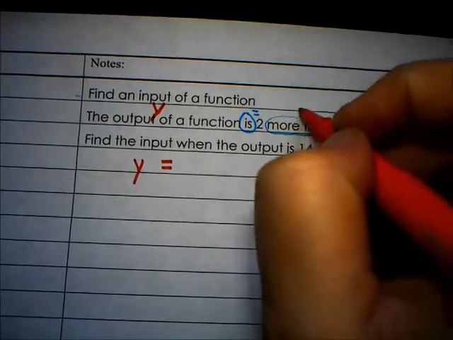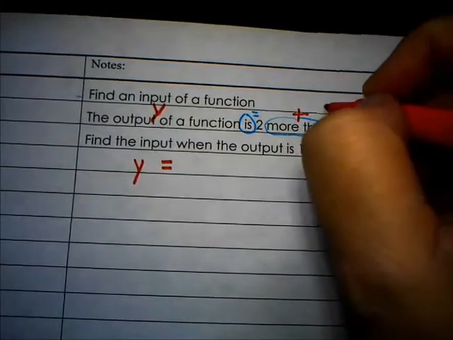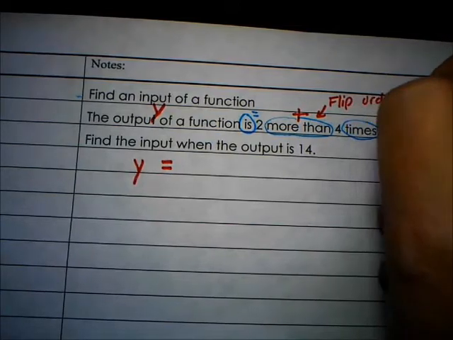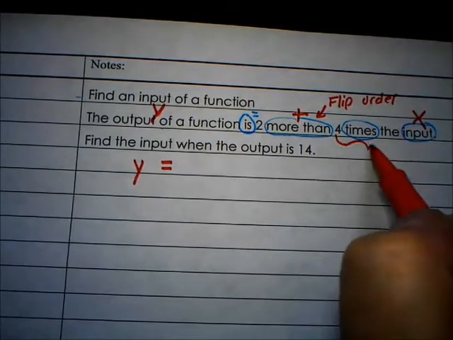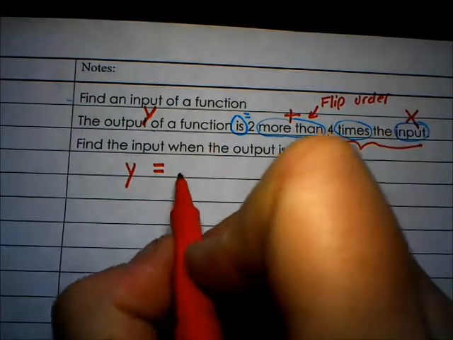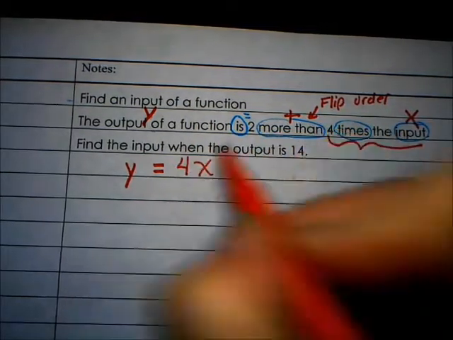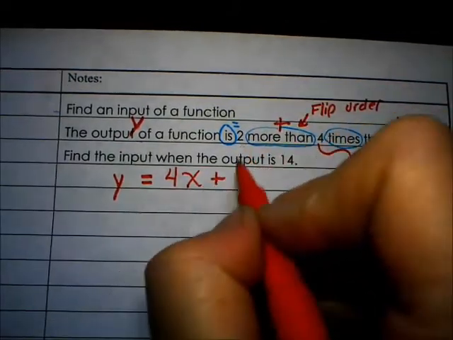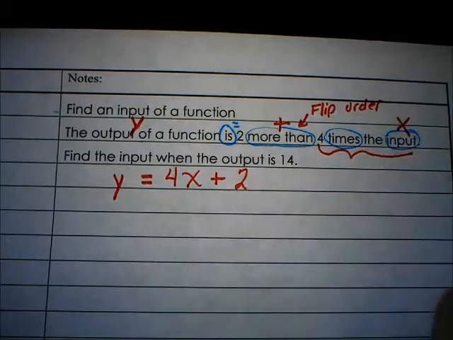Now more than means I'm adding, but remember it also tells you that you have to flip your order. So that means I need to do the back end first. 4 times x is written how? 4x. And then I write my plus sign, and what I'm adding to it is the number 2.